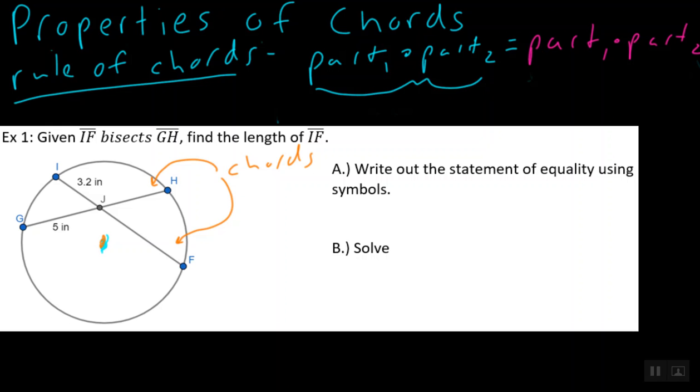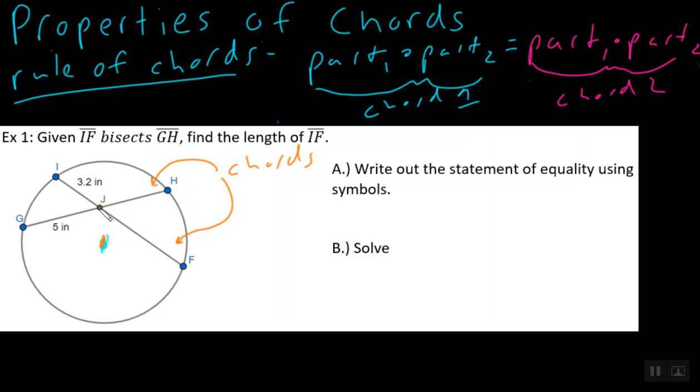Part 1 times part 2, well, this is from chord number 1, and over here this is from chord number 2. Okay, so what do I mean by this? Well, let's really break this down. Guys, once you get this, this is one of the easier concepts in our geometry involving circles.